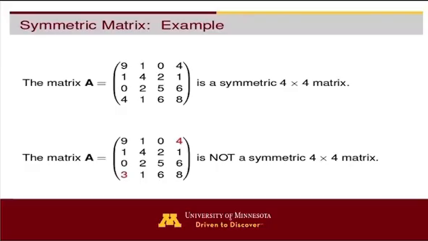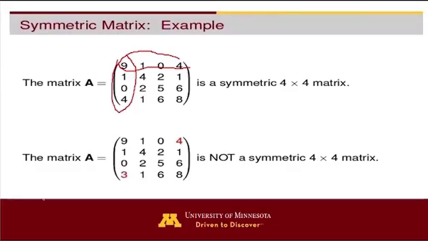If you take a look at this one, it's symmetric. How do I know? If I change this to a column, look at that, it's still the same. So this is symmetric.